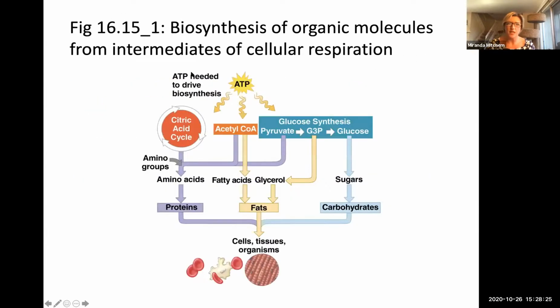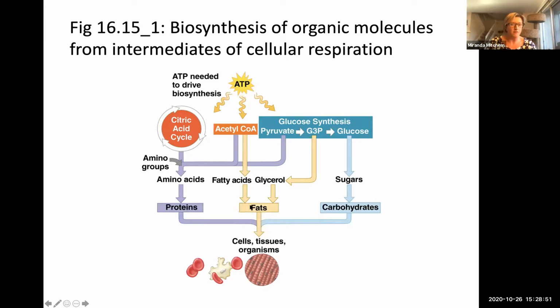Putting all these pathways together and summarizing metabolism, ATP is the energy that supplies the synthesis of proteins and fats and carbohydrates that our cells are able to build by digesting the food molecules that we eat.